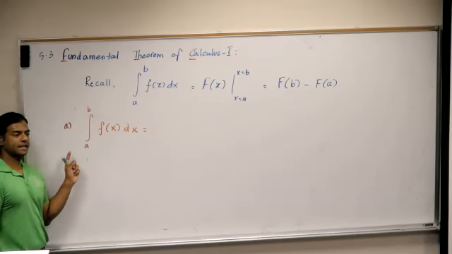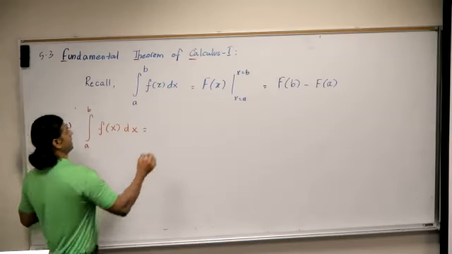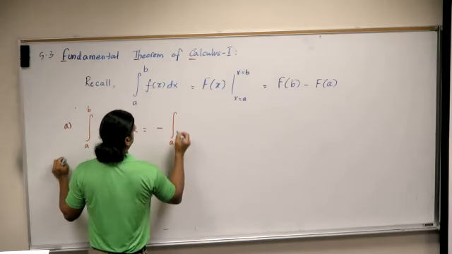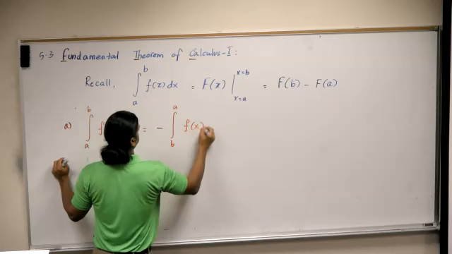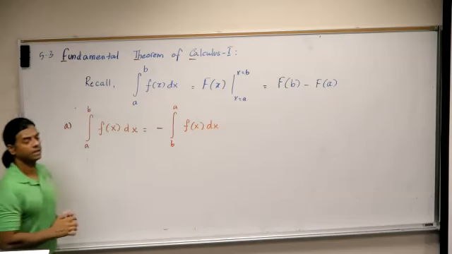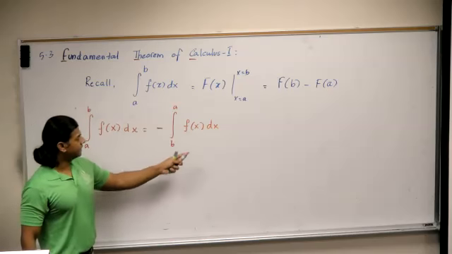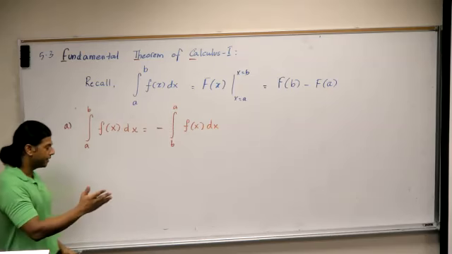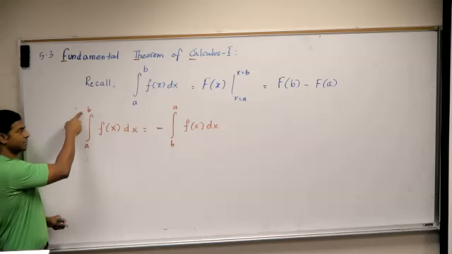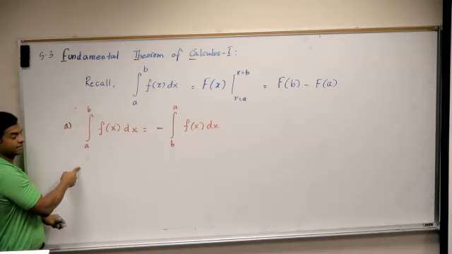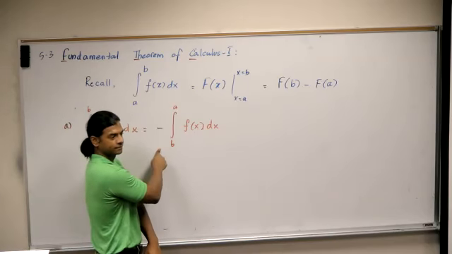If you have a definite integral integrated between a and b, it will simply equal the negative of the integral from b to a. Now, b is the upper limit, a is the lower limit. This number has to be bigger than that number. But if we switch, then you will get a negative. Good.